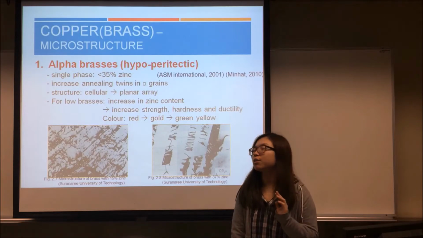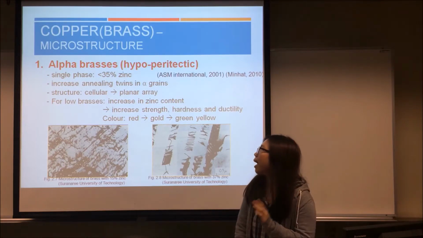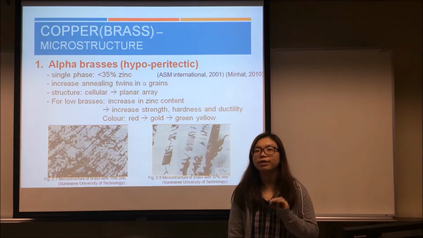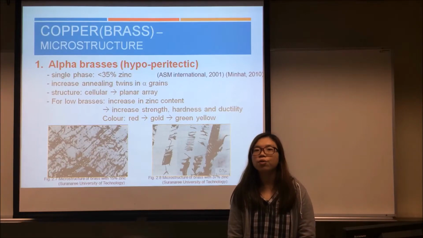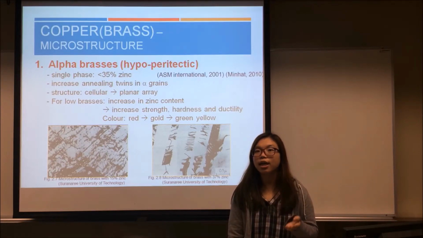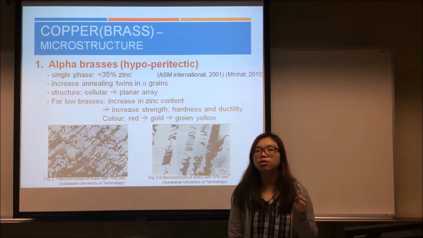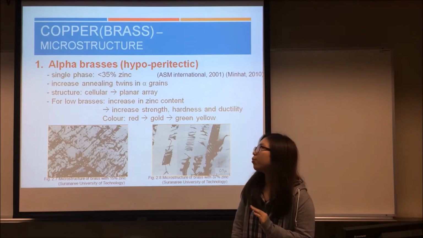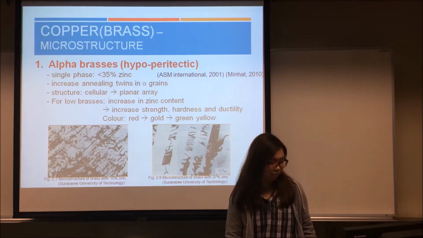The structure of this brass can also change from cellular structure to planar array structure with the increase of zinc content under observation from the microstructure. For low brasses, an increase in the zinc content results in an increase in strength, hardness, and ductility, while the color will also change from red to gold and to green yellow.